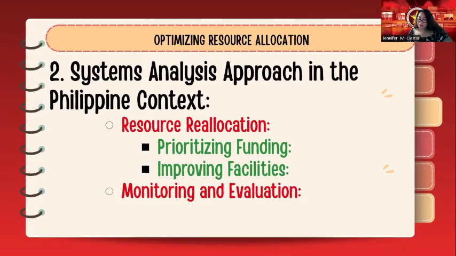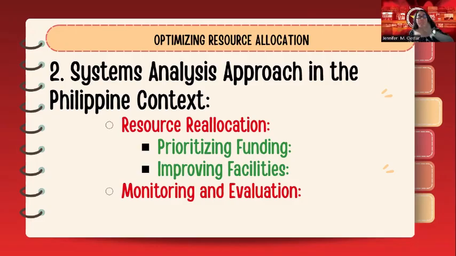Allocating resources to programs and services that have been proven to be effective in improving student outcomes and optimizing staffing, as well as improving facilities, ensuring that schools have the right number of teachers and support staff to meet the needs of their students, and investing in the maintenance and improvement of school facilities to create a safe and supportive learning environment.